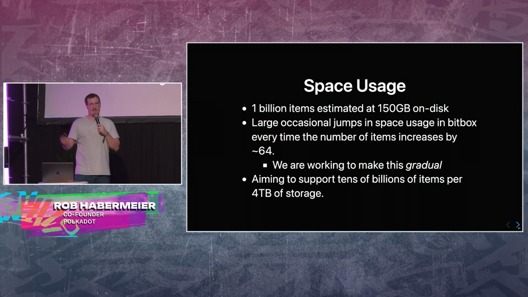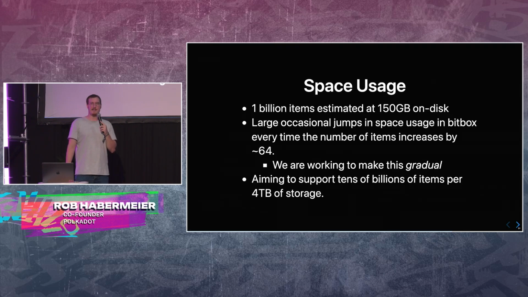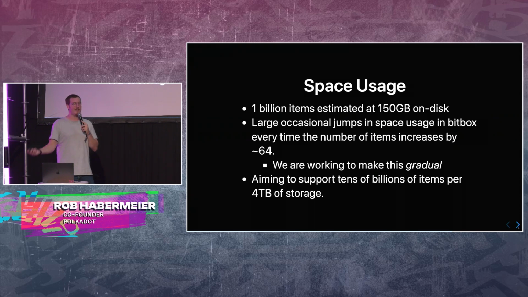Space usage: how much space does this use on disk? We estimate that 1 billion items is going to take around 150 gigabytes on disk. Again, it depends on how big your values are. You have these large occasional jumps in space usage because of our page layout, every time the number of items increases by 64.